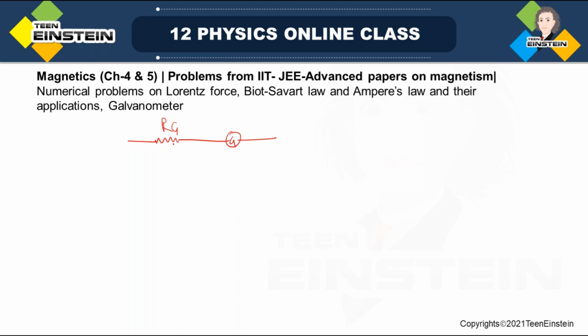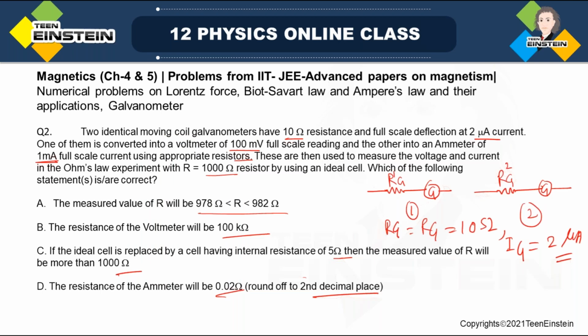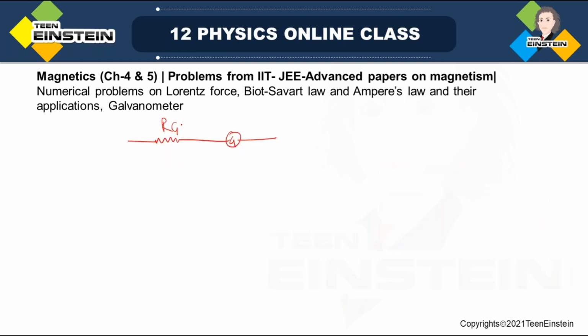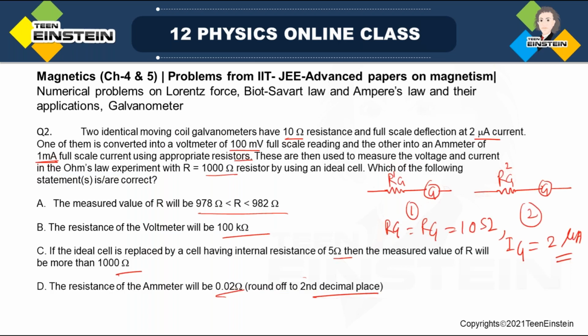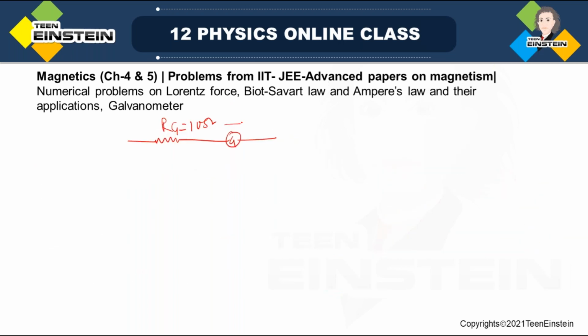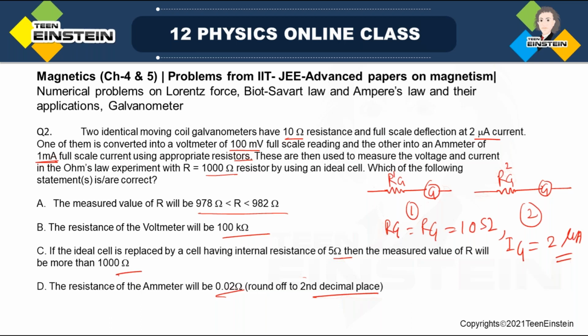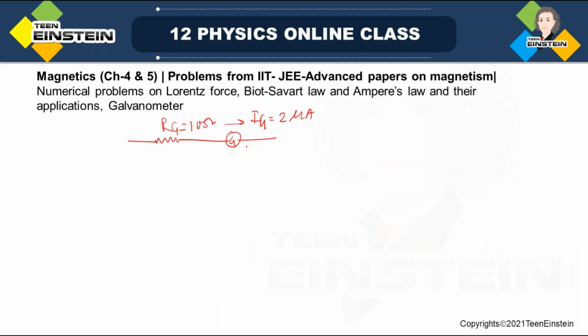It has been converted into a voltmeter of voltage 100 millivolt. Ig is given, Rg is 10 ohm, and Ig is given as 2 microampere, and this is converted into a voltmeter.